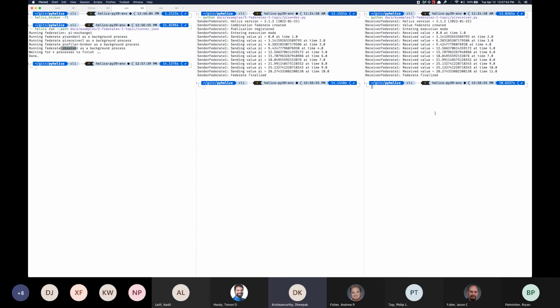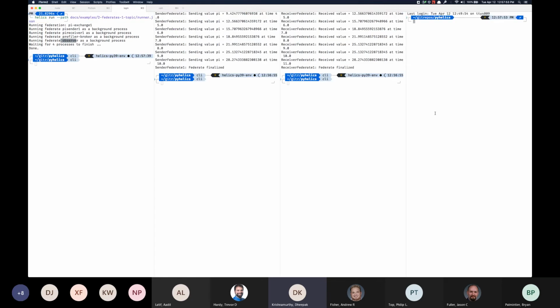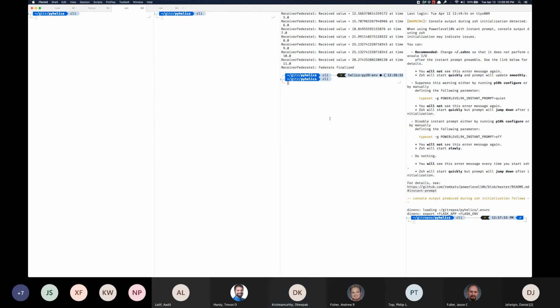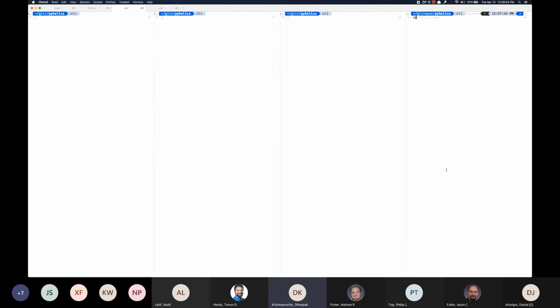So first, let's say I wanted to run this without using the runner.json. I could do it like that. So the observer is a command that exists in the helics CLI.